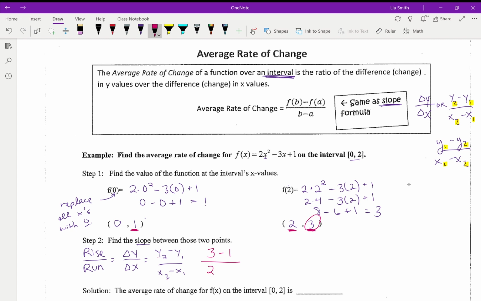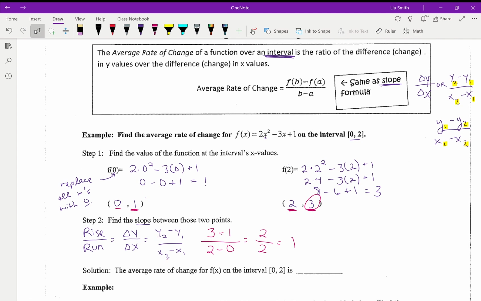And x1 comes from the first one. Once you have that, you have to simplify each set. So 3 minus 1 gives me 2. 2 minus 0 gives me 2. 2 divided by 2 is 1. So the average rate of change for f of x on the interval 0 to 2 is 1.